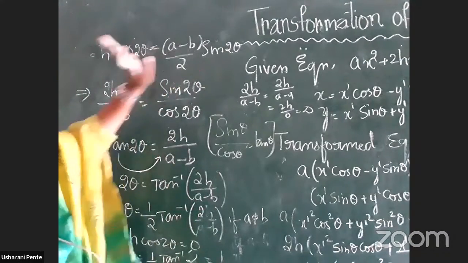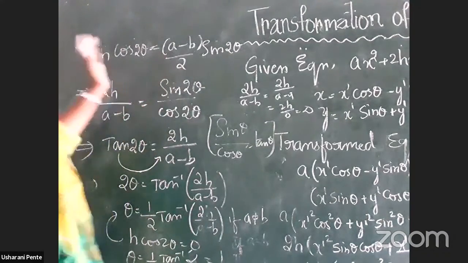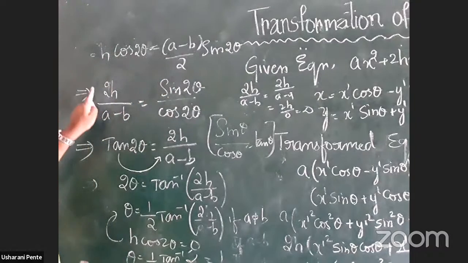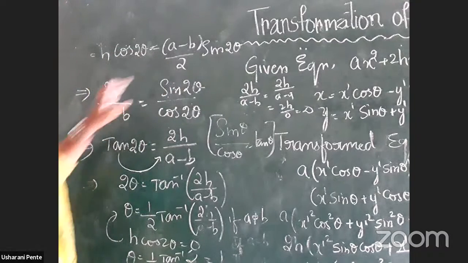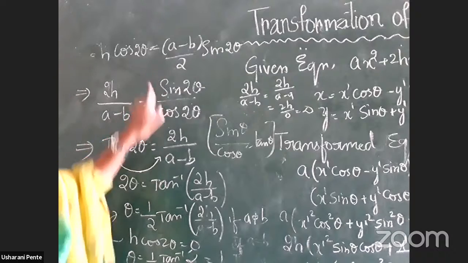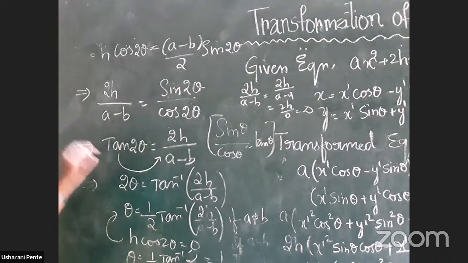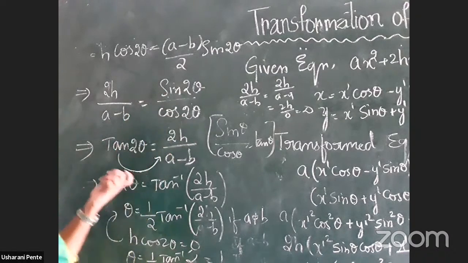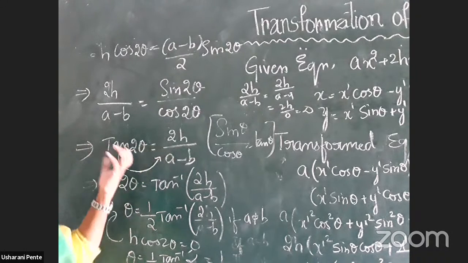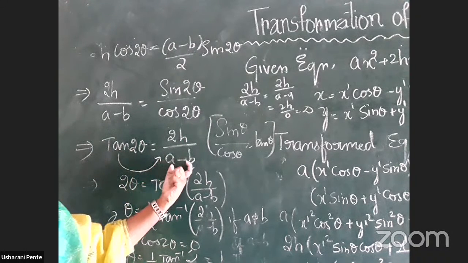Now by cross multiplying we get 2h by (a minus b) is equal to sin 2 theta by cos 2 theta. That is nothing but tan 2 theta. Tan 2 theta is equal to 2h by (a minus b).